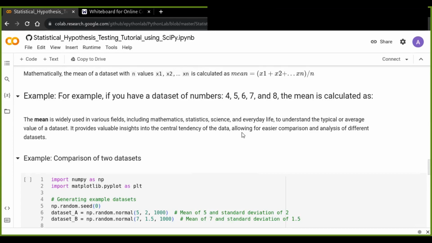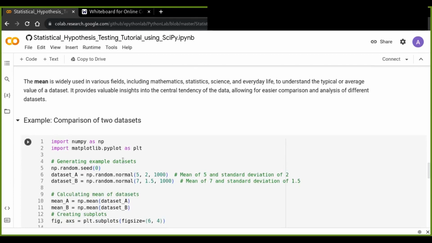So, mean provides valuable insights into the central tendency of the data, allowing for easier comparison and analysis of different data sets. Let's assume you have different data sets, and if you want to understand them, you can compare using the mean and analyze the insights into the central tendency of the data set.